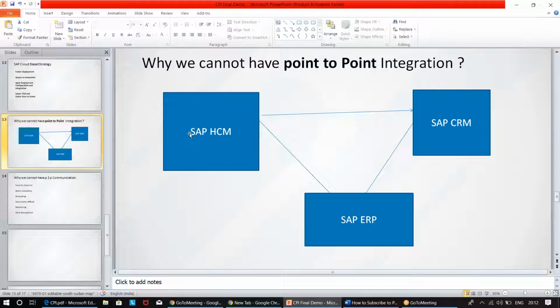But right now, just think of a case where we do have some disadvantages, because these systems are very tightly coupled. These systems are talking directly to each other, because HCM is talking to CRM, CRM is talking to ERP, and ERP is talking to HCM. Think of a case where one of the components gets upgraded.